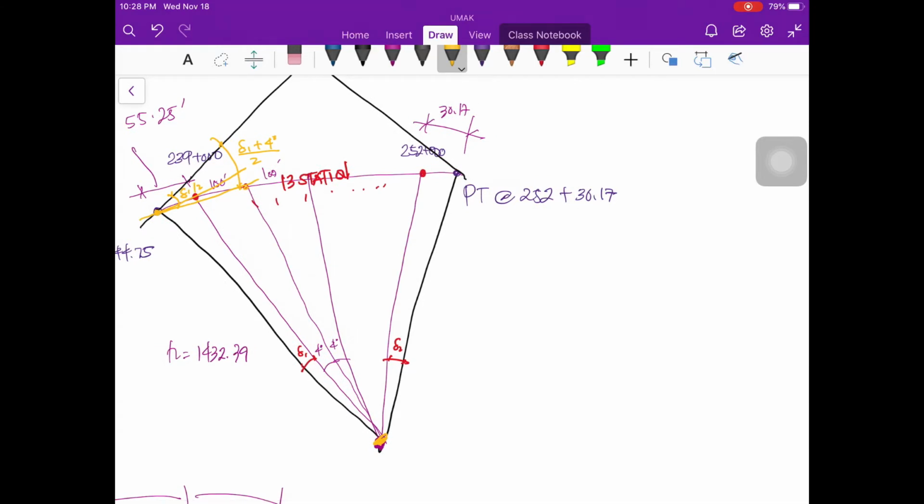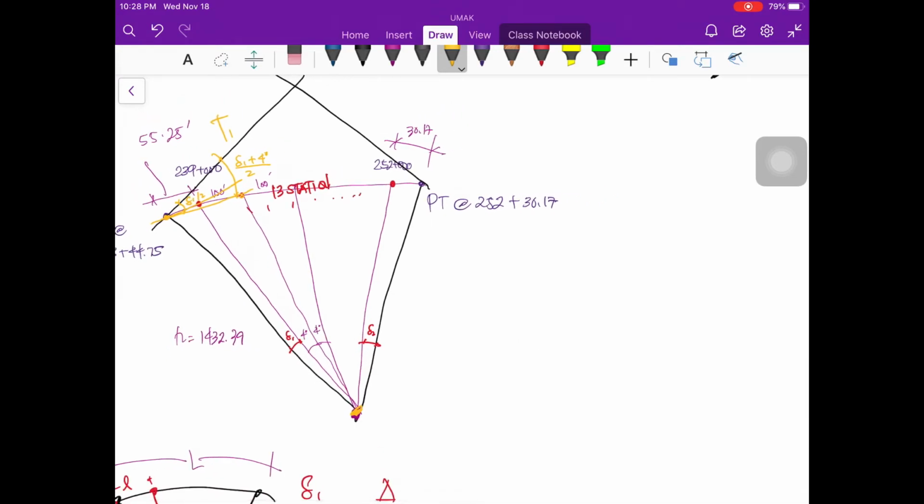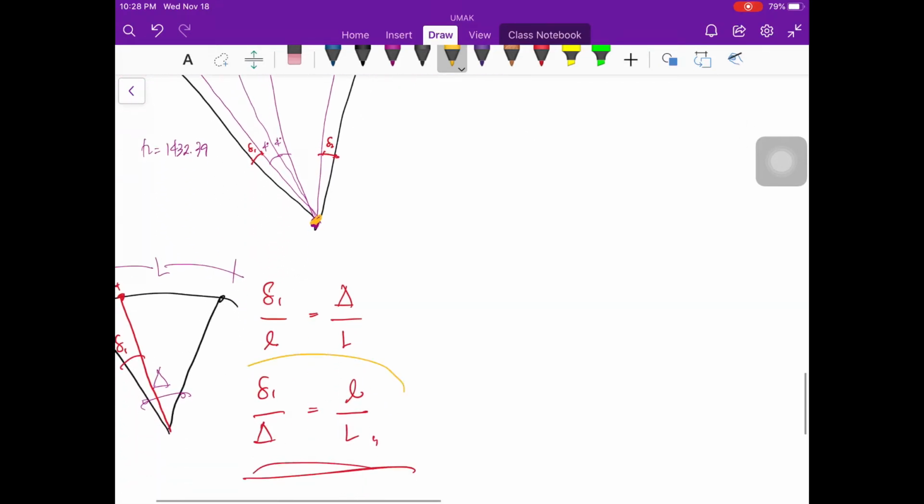This one is the deflection angle between the intersection of the chords connecting the PC to the other station and the tangent. So this one is the tangent. With that, we can determine the value of gamma 1 using this relationship.